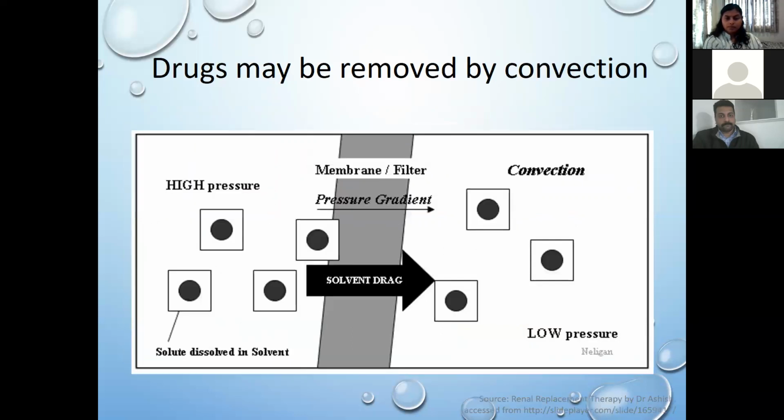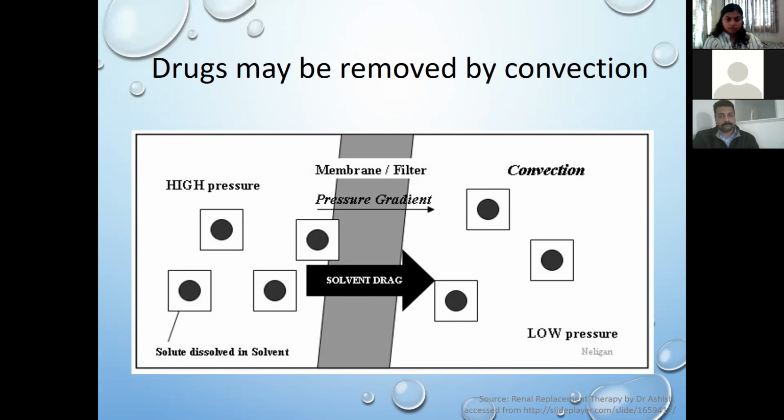Cool. So drugs may be removed by convection as well. Just to differentiate, ultrafiltration is the movement of fluid under pressure, and that could be either hydrostatic or osmotic across a semi-permeable membrane, and that has ultrafiltration as a role in removing fluid.